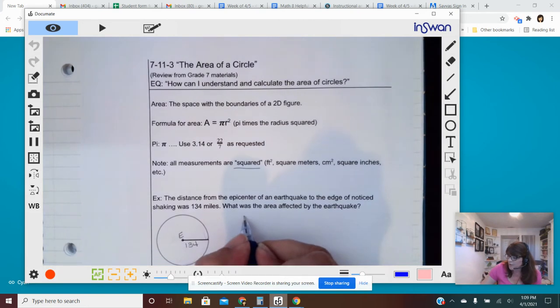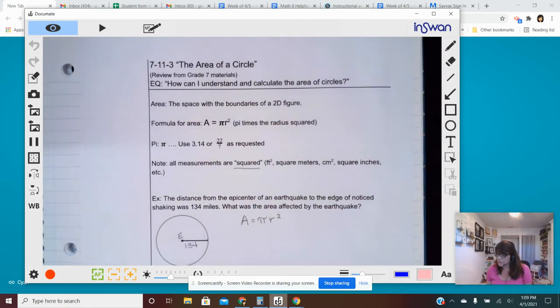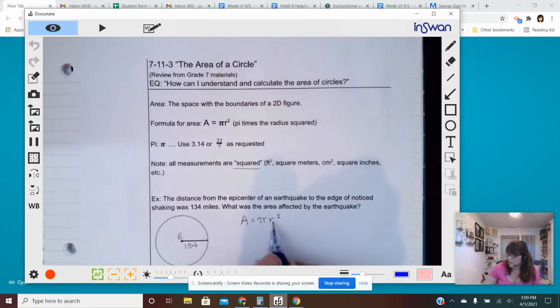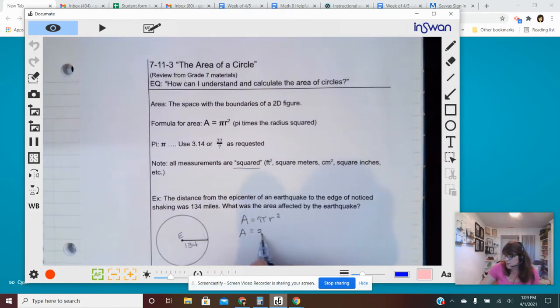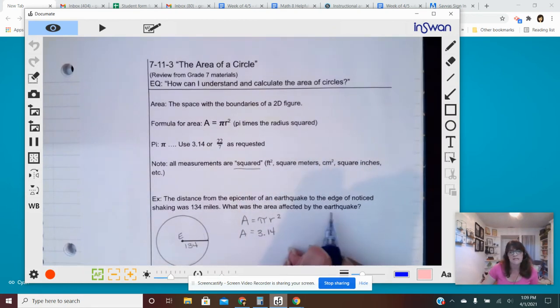If my formula is area equals pi r squared, area is still capital A. For pi, I'm going to use 3.14 just because it works so well with calculators, and they didn't say which one to use.